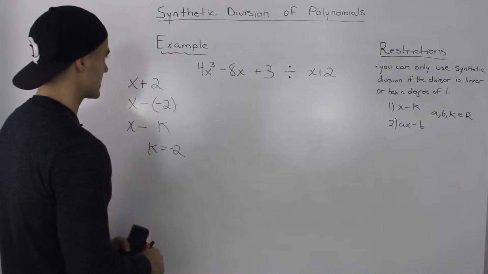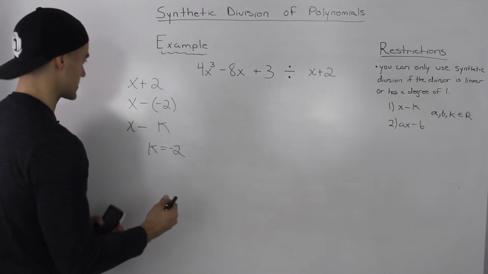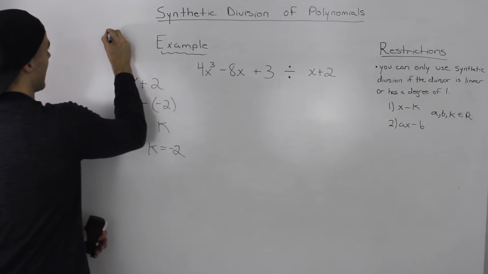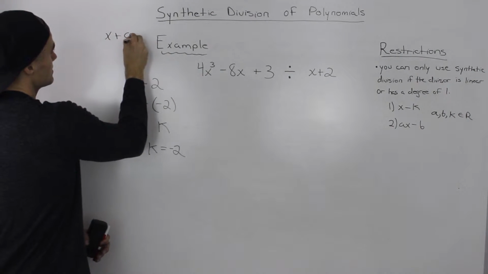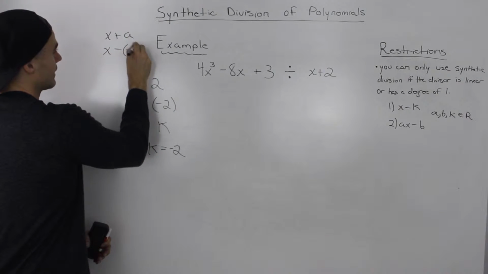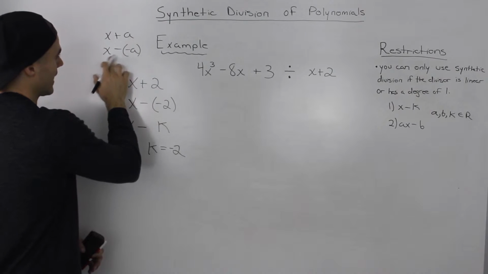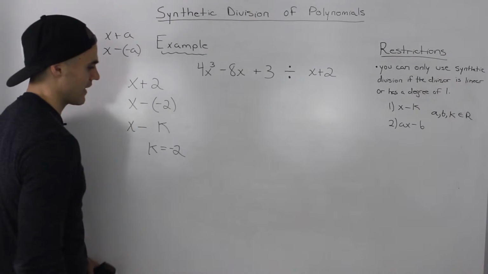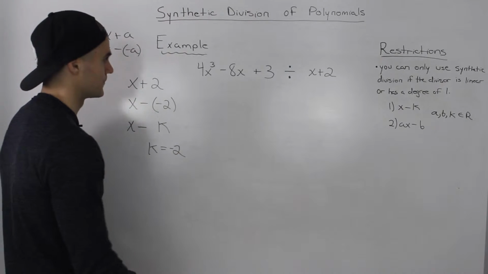So that's one of the tricks with this question: whenever you get a divisor with synthetic division that's x plus a constant, always change it to x minus the negative of that constant, so it's in the form x minus k, and then your k value is whatever that negative is. In this case, it's negative 2.